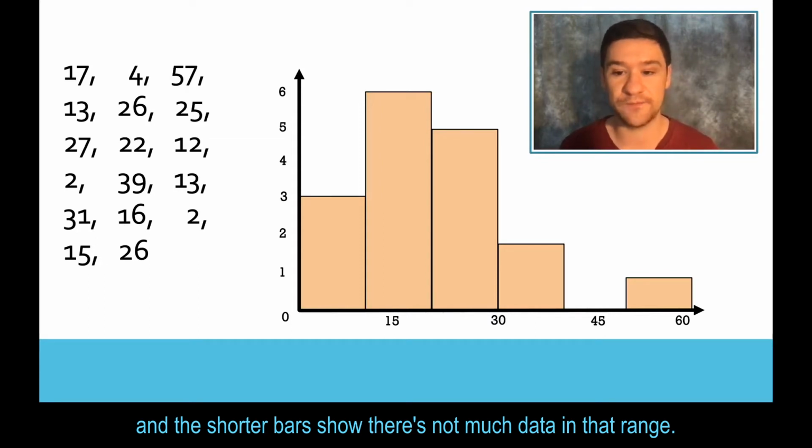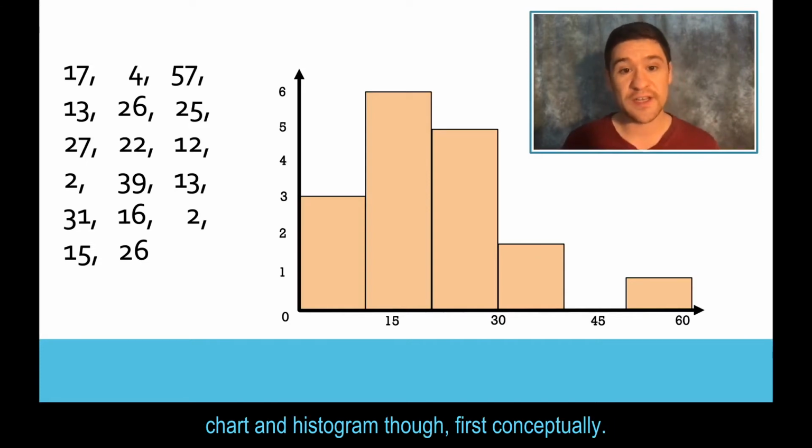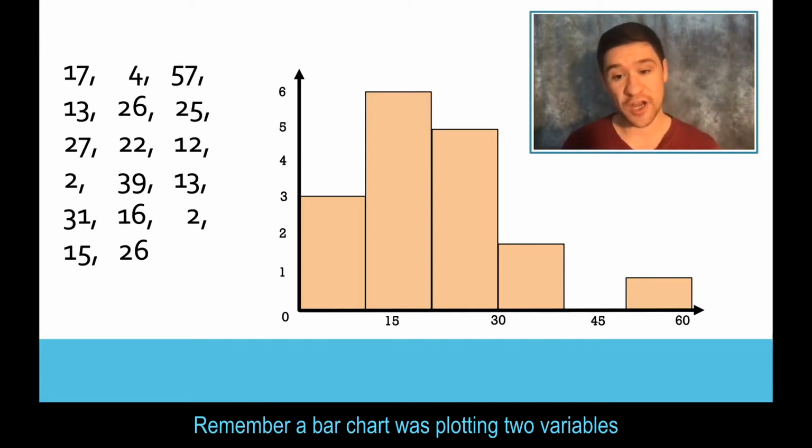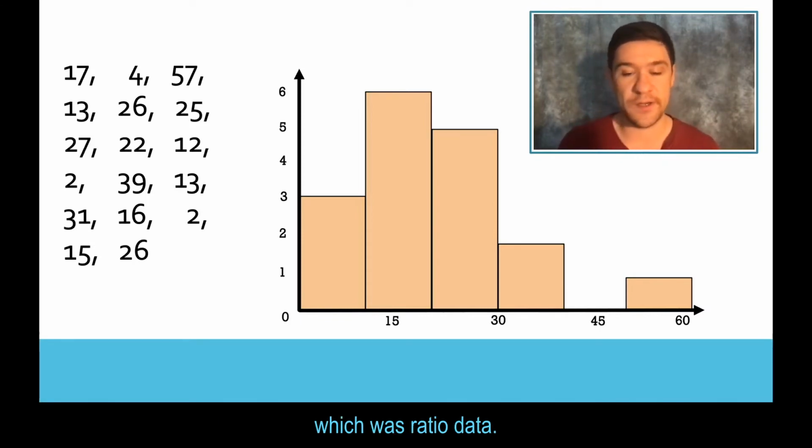There are some main differences between a bar chart and a histogram though. First, conceptually. Remember, a bar chart was plotting two variables against each other, nominal or ordinal data against a number which was ratio data.